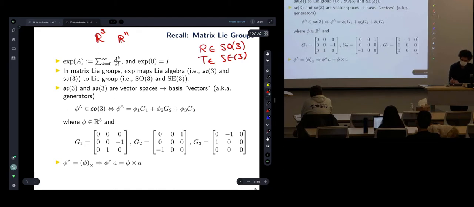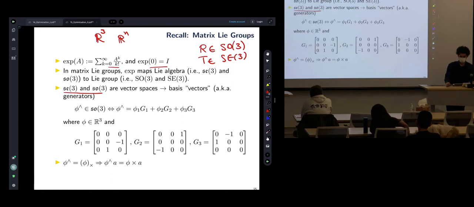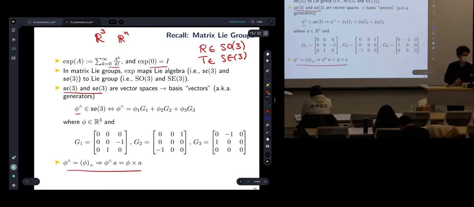So you remember that the exponential map was very important to connect Lie algebra, the tangent space at the identity, to an element of the group. It was a series like this, and it does give you the identity for zero vector in the Lie algebra. So we had vector spaces se3 and so3 as Lie algebras of SE3 and SO3. We would use the wedge notation, but really any of them is okay.